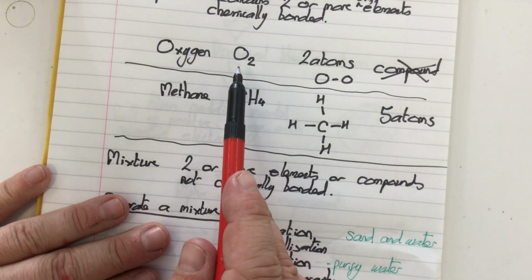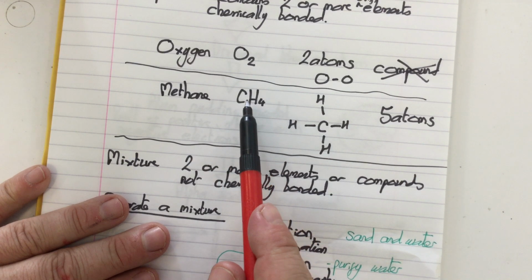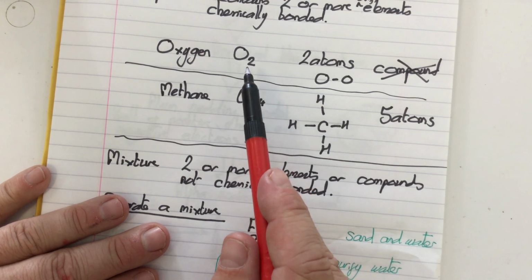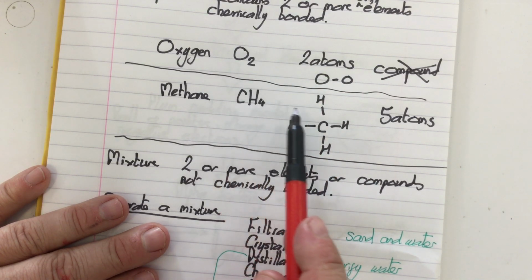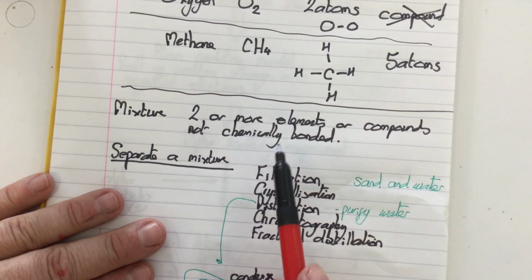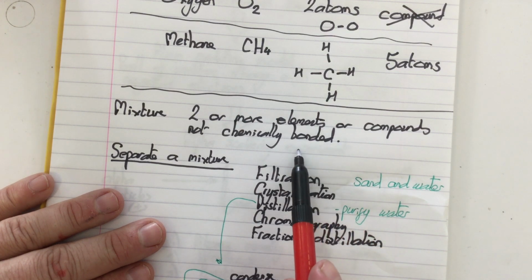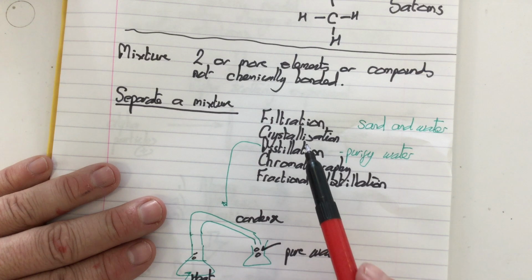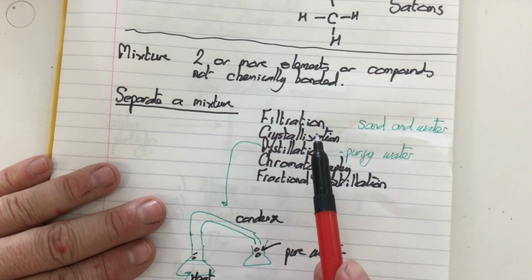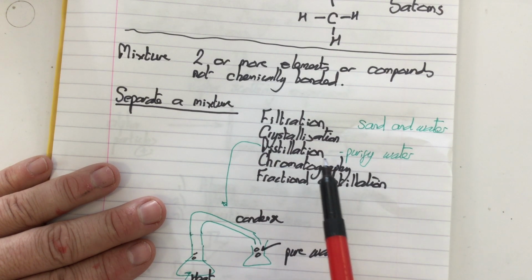So that's not a compound, because they're not different. But we can see that oxygen's got 2 atoms, methane has got 5 atoms. A mixture is elements or compounds that are not chemically bonded, and you can separate them. And these are the 5 methods of separation that you need to learn.